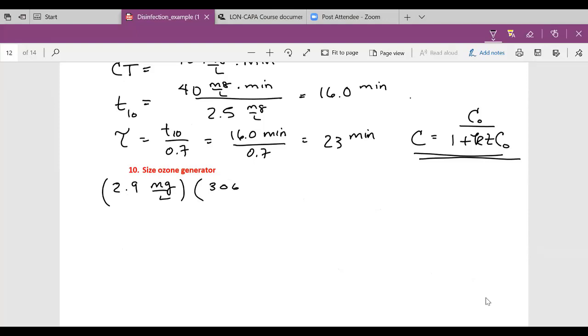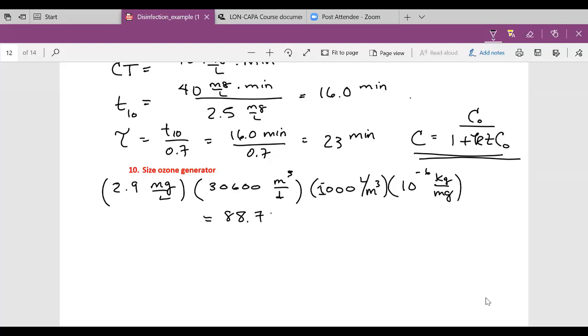We have a flow rate of 30,600 cubic meters per day. There are 1,000 liters per meter cubed and 10 to the minus 6 kilograms per milligram. And that is equal to 88.74 kilograms per day. Okay.